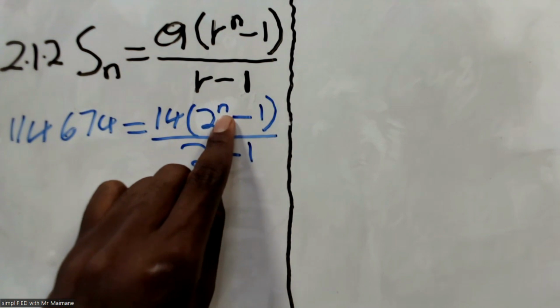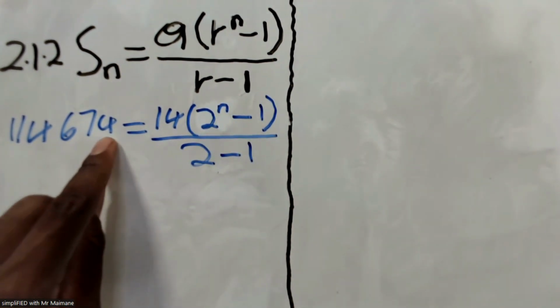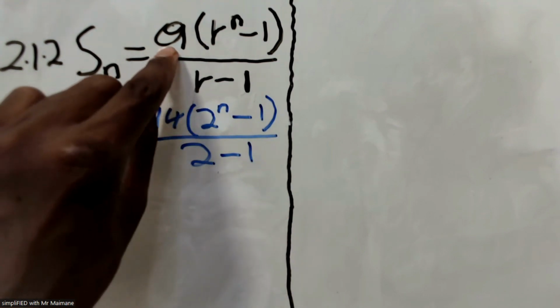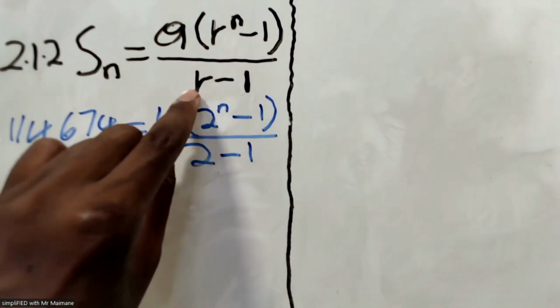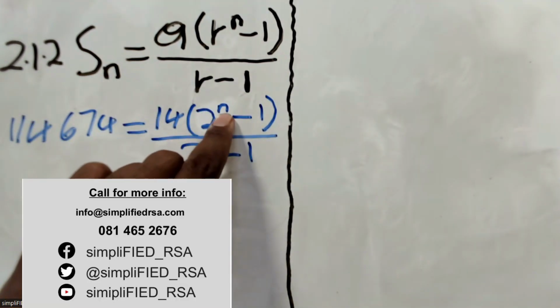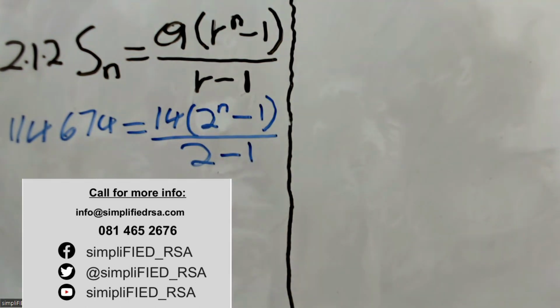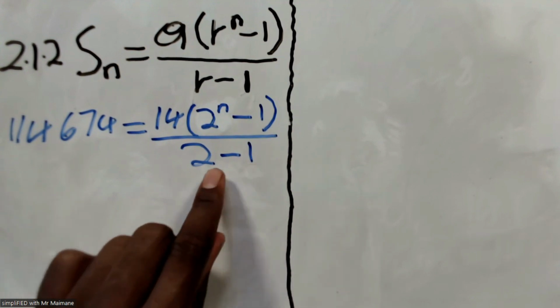So we want to get the nth term for obtaining 114,674 in total, because we already know the value of the first term, which is 14. It was given the common ratio r. We calculated this one in the previous question and we found it to be 2. And now we just need to determine the value of n there. If you simplify this, 2 minus 1 is just going to be 1.